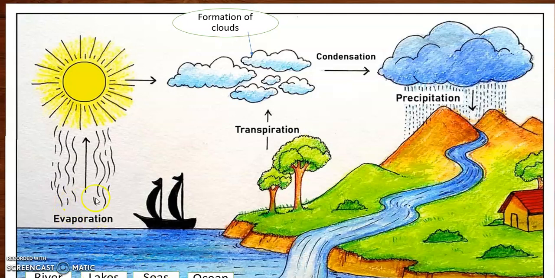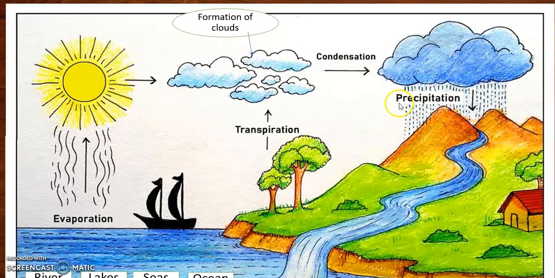Then again it evaporates and changes into water vapor. Do you call that evaporation? Number 1. After that, the water vapor forms clouds. Then this process is condensation. Then when the clouds are bigger and heavier, when they are too heavy, the water falls down as rain.